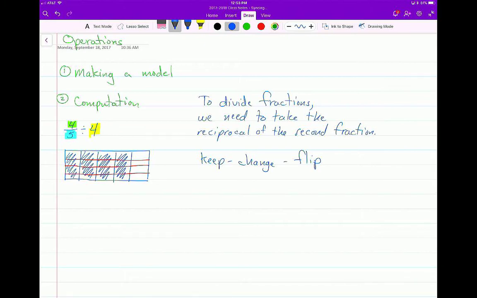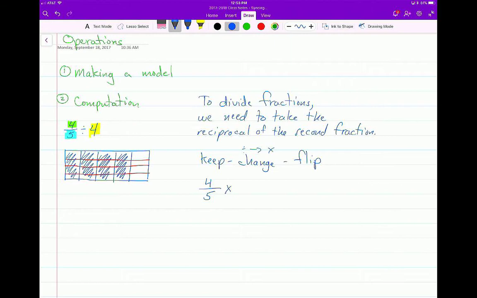So I'm going to keep the first fraction in that expression the same. It's going to be 4/5. I am going to need to change, though, the division to multiplication. So I change my operation from division to multiplication.